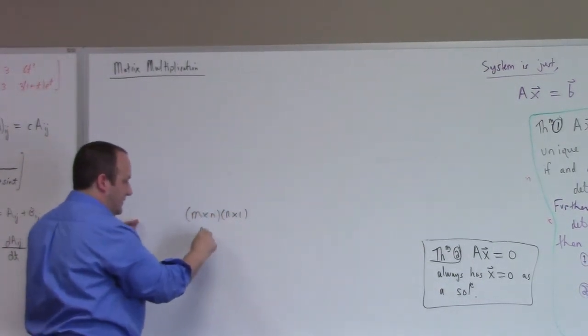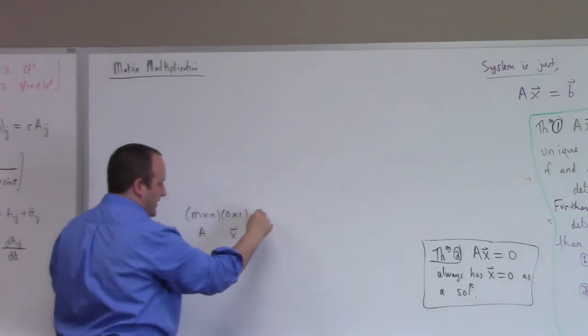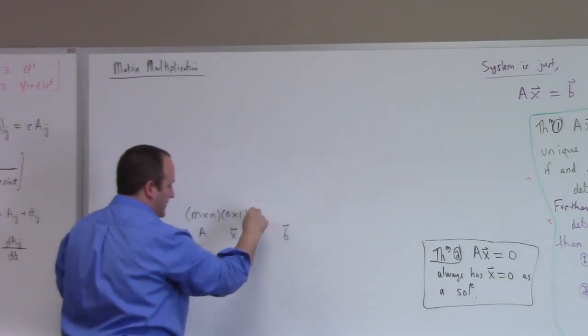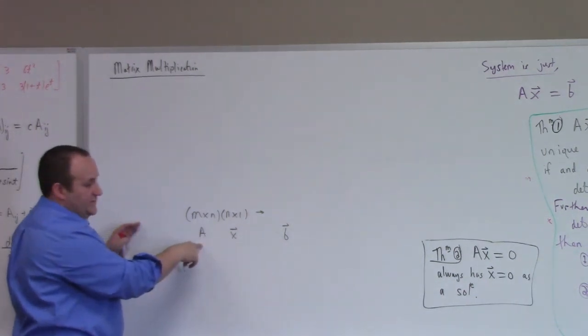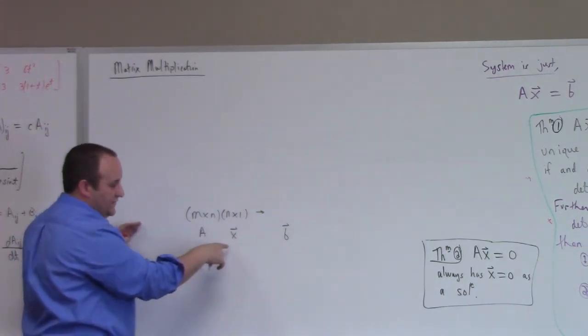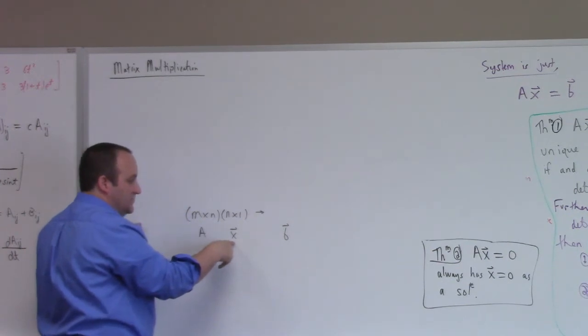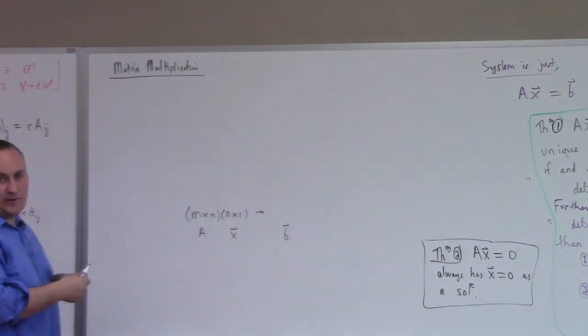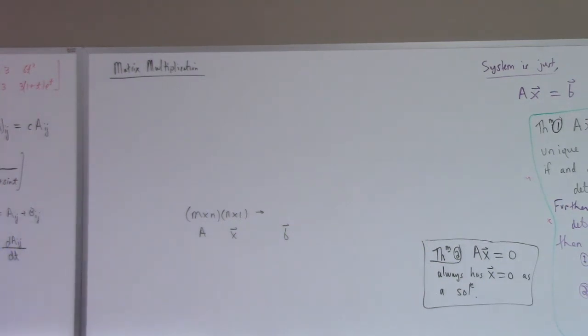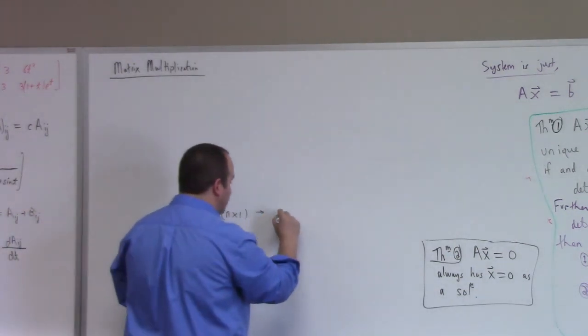So this was A, this was X, and we got B, right? This was m rows, n columns. This was 1 column, n rows. And how big was B? There were as many components as there were equations, right? There were m of them. So this is actually an m by 1 matrix.